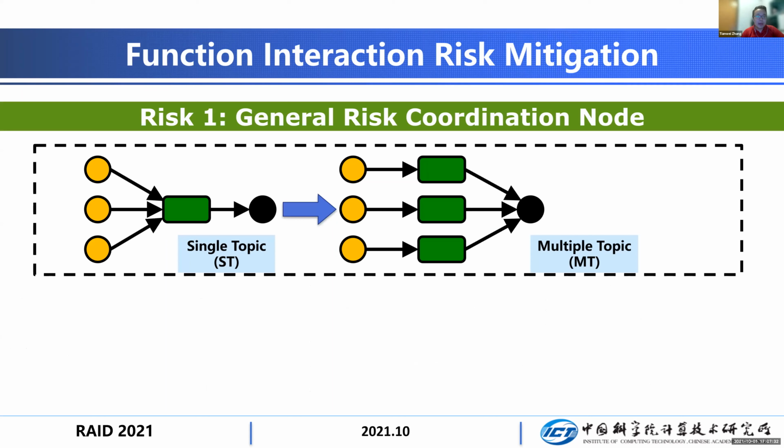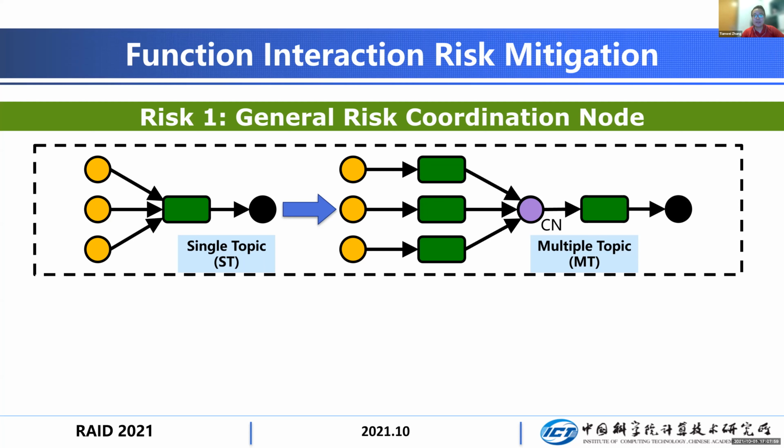Specifically for this type of general risk, if it is a single topic, in order to insert a coordination node, we first convert it to multi-topic. This is pretty simple. We can just add more topics for each node. After that, we can insert a coordination node between the topics and the final state of the robot.